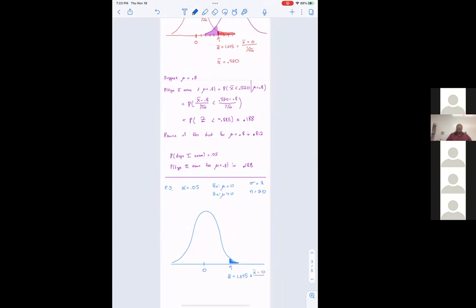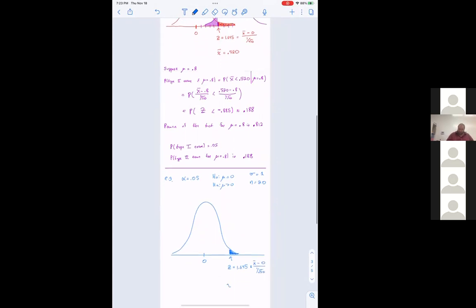X bar minus 0 over 1 over root 20, which gives me an X bar value of 0.368. I get an X bar value of 0.368, which means in order to reject the null hypothesis now, any result past 0.368 is enough.